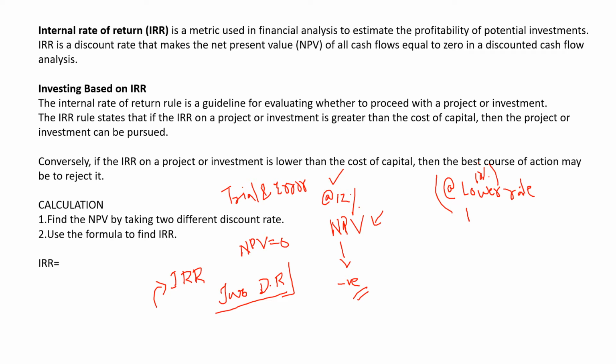Then this is the higher rate and this is the lower rate. So what is the formula for finding the IRR?